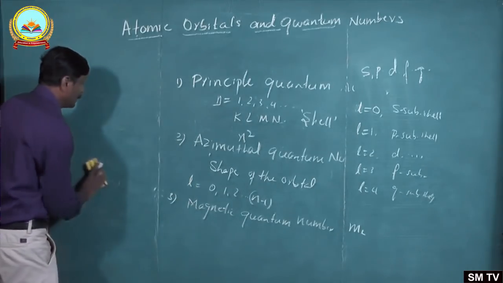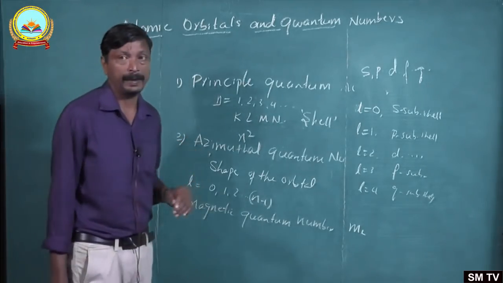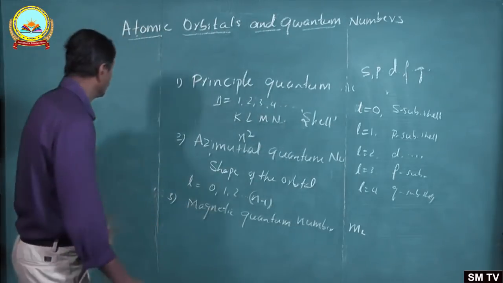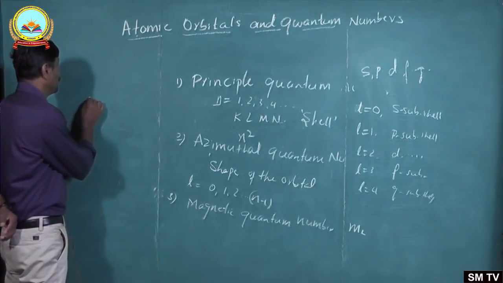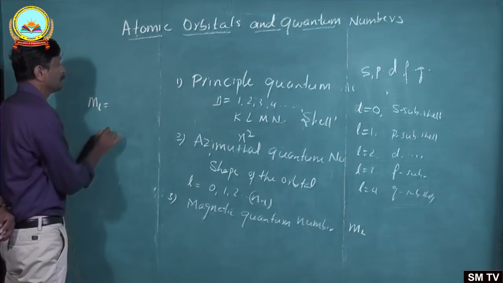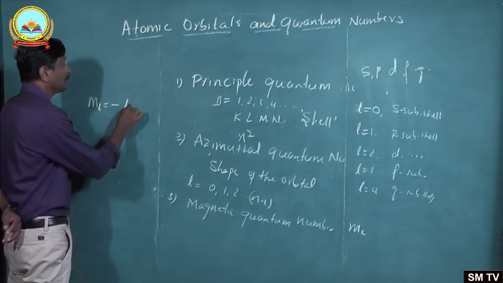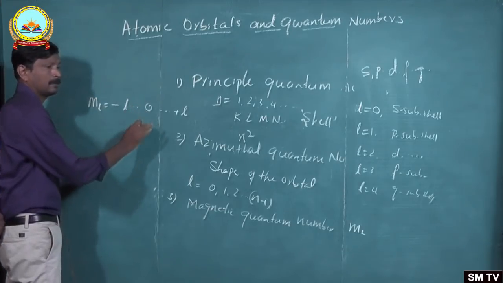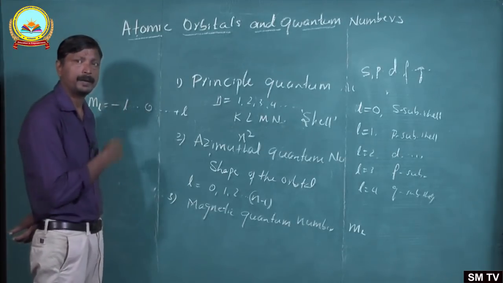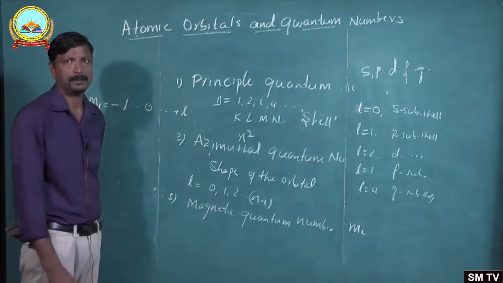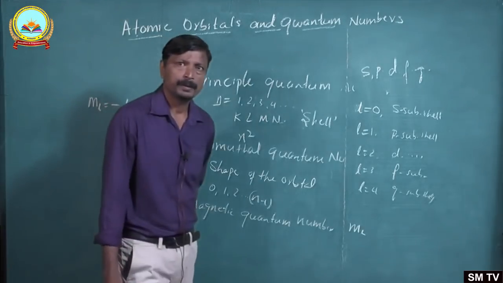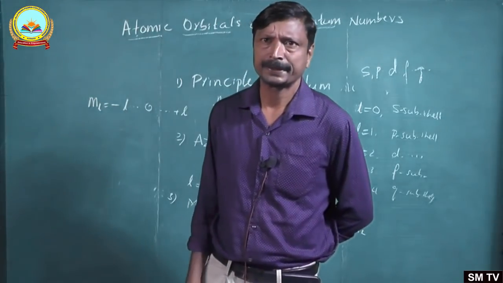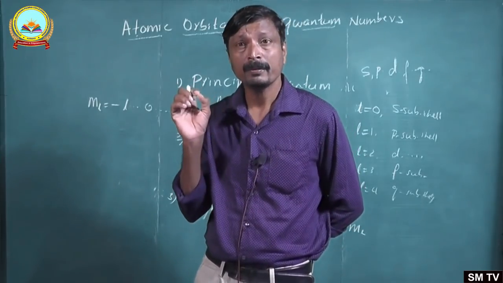The values of m_l depend upon the values of L. The values of m_l are from minus L up to 0 up to plus L, all the integers from negative L to positive L.